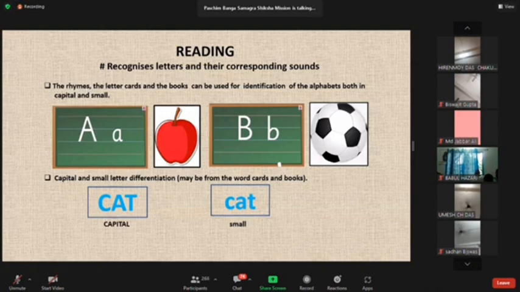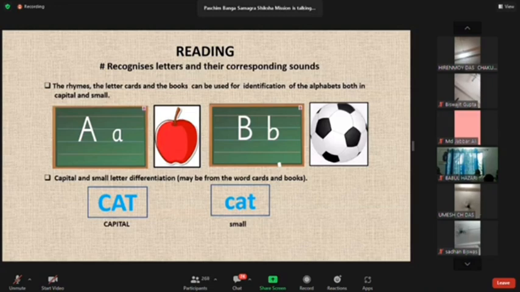Whenever we are using these cards, here you can see in the slide that we have taken the cards where the capital and small letters are introduced simultaneously. There is a reason to introduce them together, as later, whenever we convert them to the exposure of books, they can easily identify or recognize the capital letters and small letters properly.